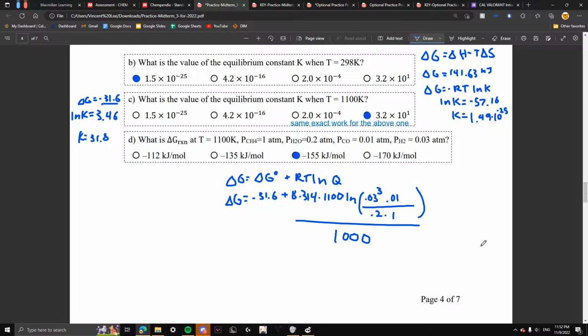Plus 8.314 times 1100 divided by 1000 times ln of 0.03 cubed times 0.01 divided by 0.2. You get delta G is equal to negative 155.2, which is close enough to 155. So that's our answer.